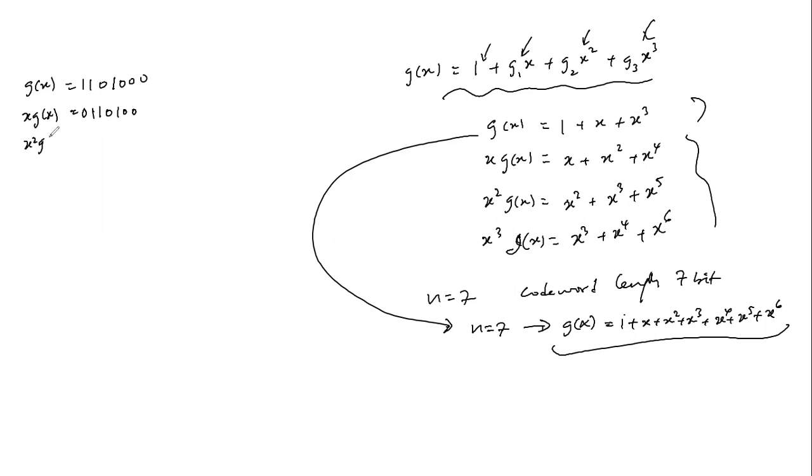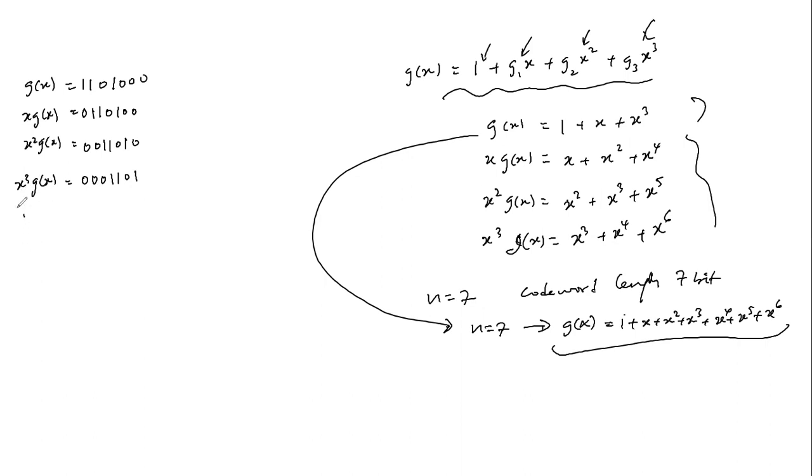Now x squared g of x, now 1 is turned off, x is turned off, x squared is turned on, x cubed is turned on, x to the power 4 is turned off, x to the power 5 is turned on, then x to the power 6 is turned off. Now x cubed g of x, we have 1 is turned off, x is turned off, x squared is turned off, x cubed is turned on, x to the power 4 is turned on, x to the power 5 is turned off, x to the power 6 is turned on.